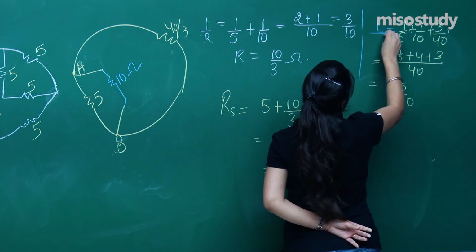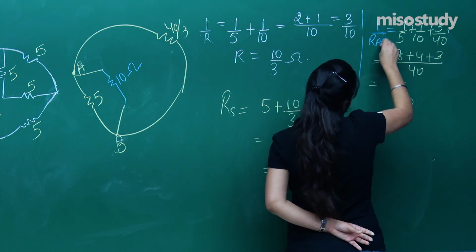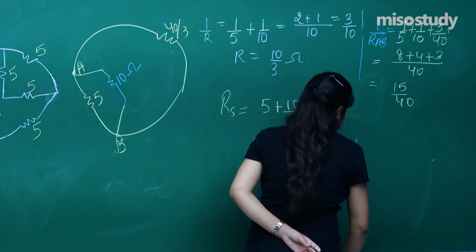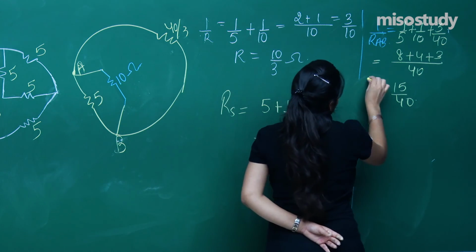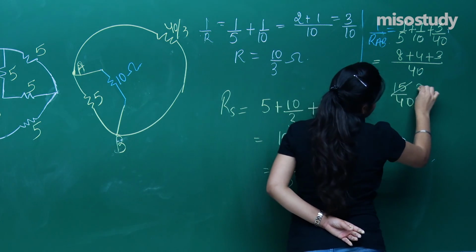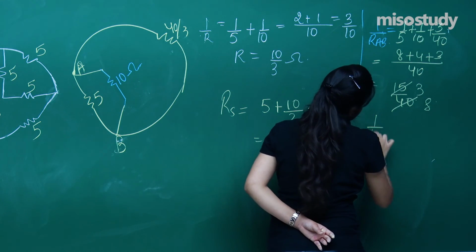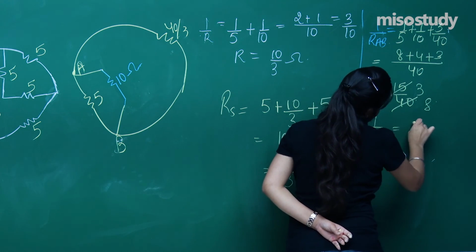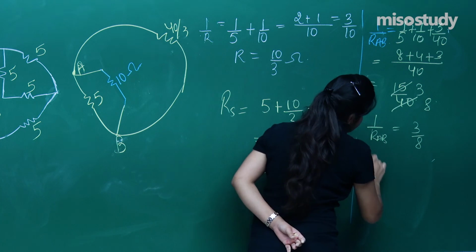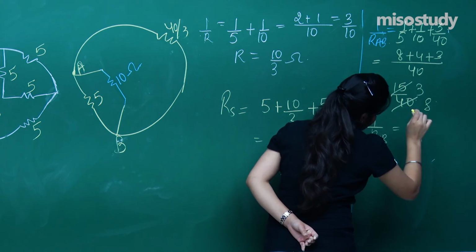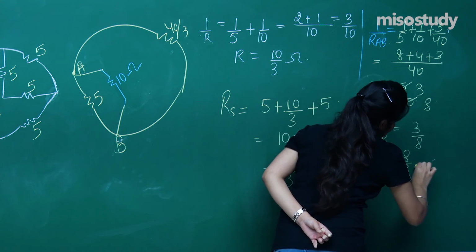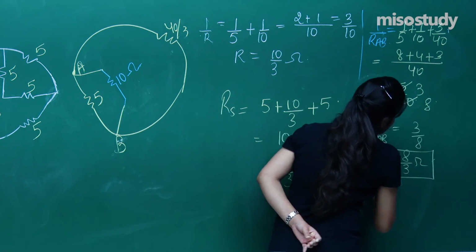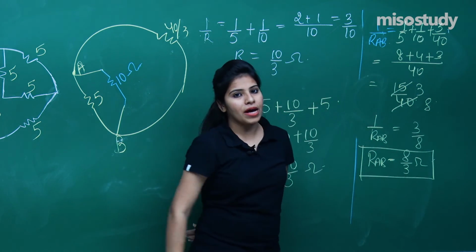So this is 1 upon RAB. You can see over here 1 upon RAB equals 3 by 8. Because we need to find the resistance across AB, that will be 8 by 3 ohm. So according to me, my answer is 8 by 3 ohm.